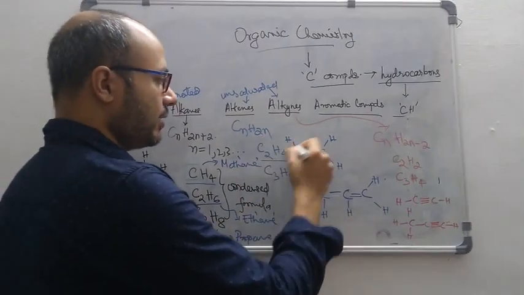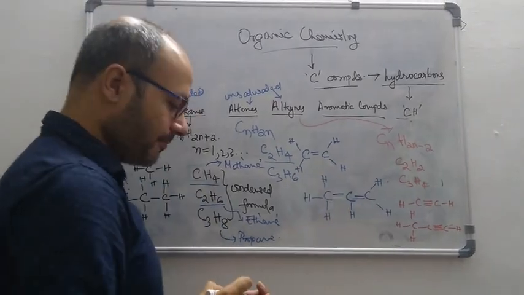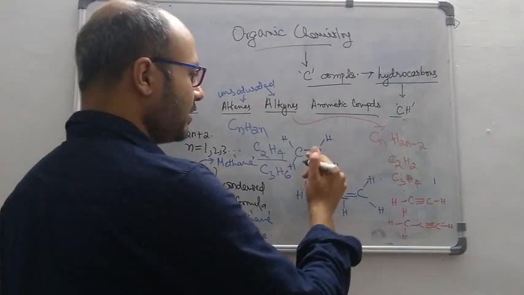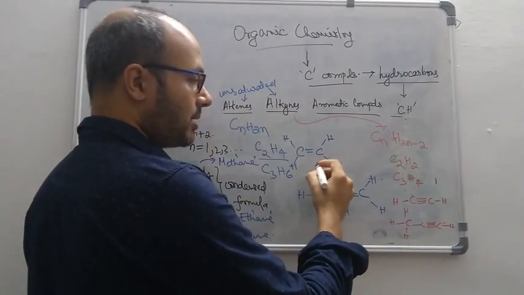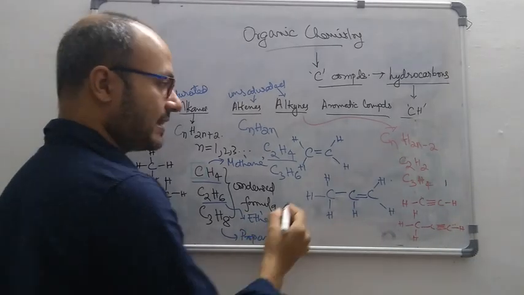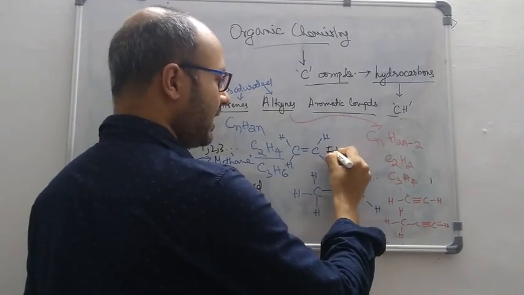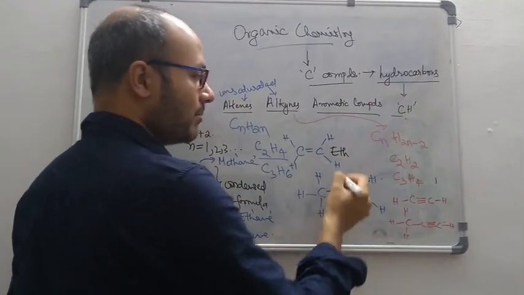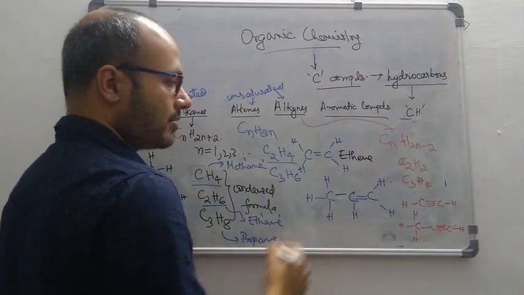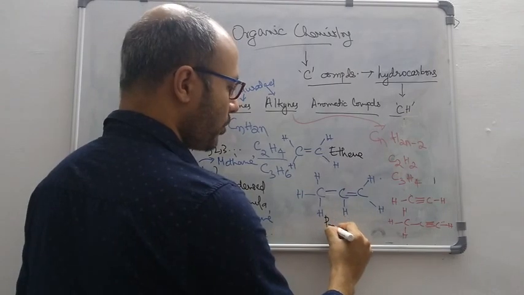Now in this case, what happens to the alkene? Now for alkenes, the simplest is with two carbon atoms. The name should have the prefix eth, and the suffix would be ene. Alkene means ene. So ethene. Similarly this would be propene.